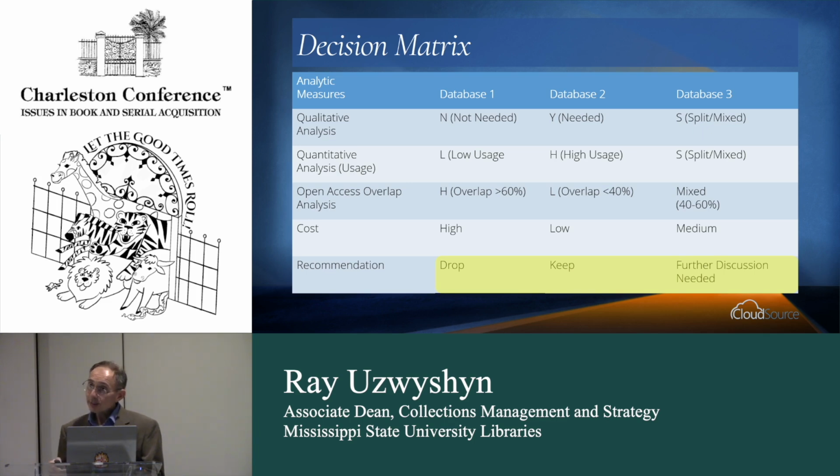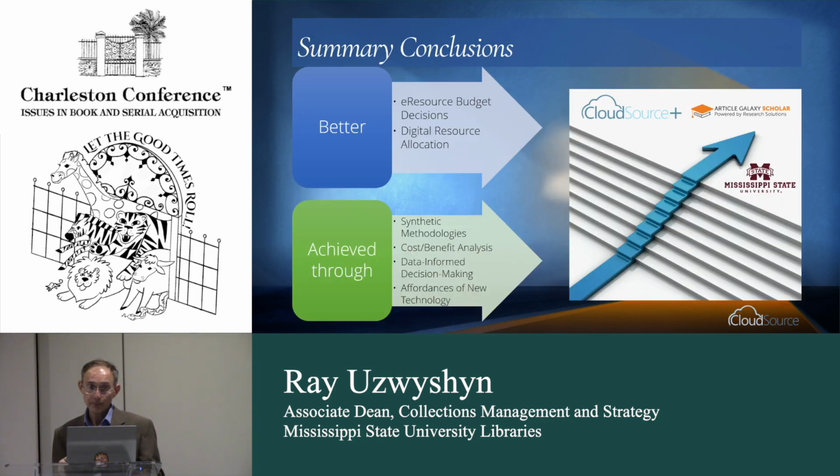The overlap analysis also may show high overlap, low overlap, or mixed. This is where the librarian and the human perspective becomes very, very important and where further discussion is needed. But you've already got all of these great metrics to have those discussions more fully.